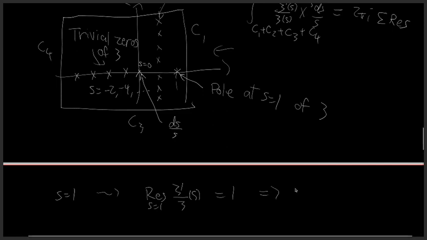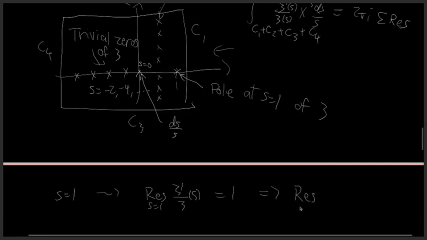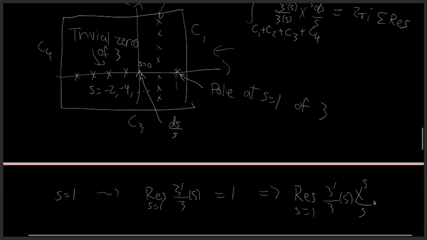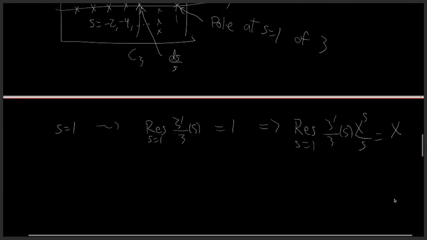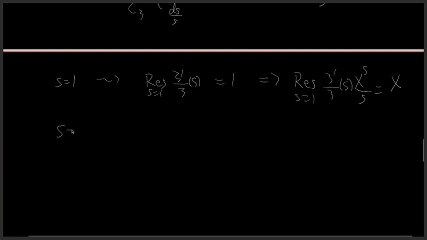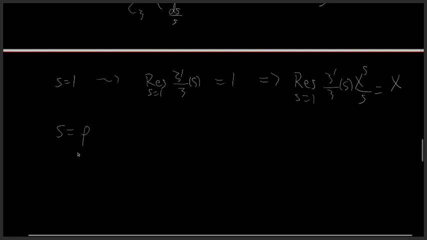And what that means is that the residue at s equals 1 of zeta prime over zeta of s times x to the s over s is x. This is going to be the main term in the explicit formula. Next, we have poles at s equals rho for non-trivial zeros of the Riemann zeta function.